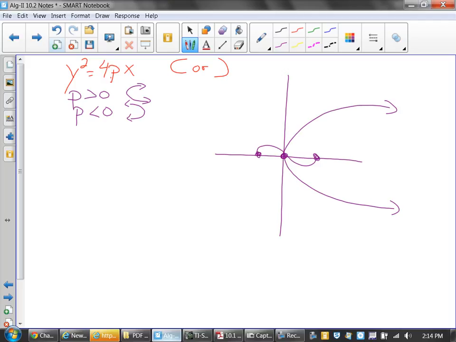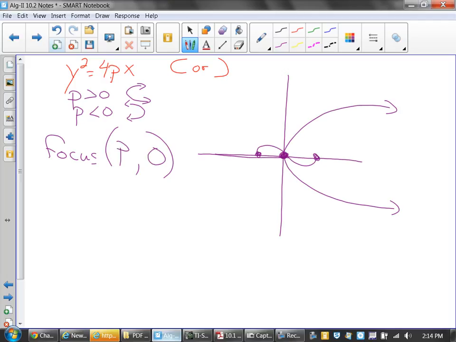My focus is at p, 0, since the vertex is at 0, 0. When I move it over, I'm at p, 0.